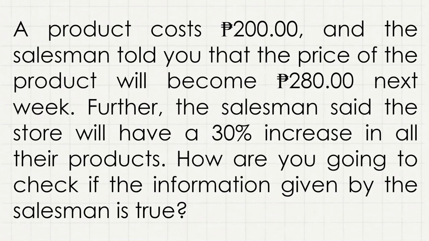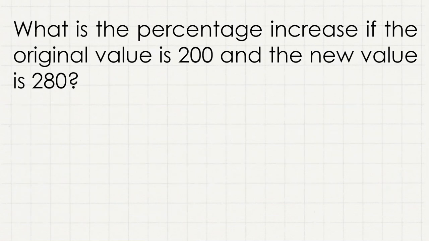So, titignan natin kung yung pagtaas ng 200 pesos papuntang 280 pesos ay 30% talaga. So, what is the percentage increase if the original value is 200 and the new value is 280? Again, ang original value natin is 200, while the new value is 280.